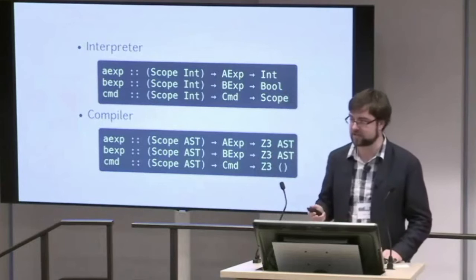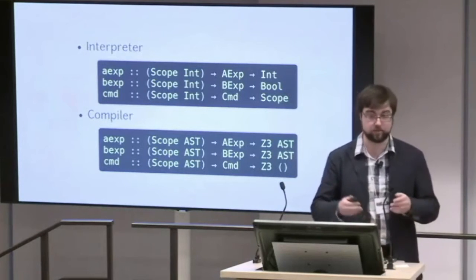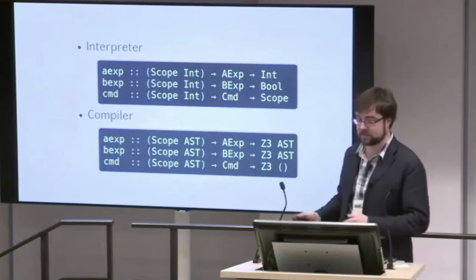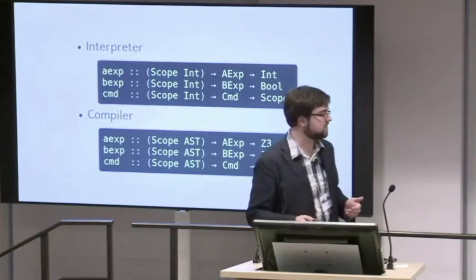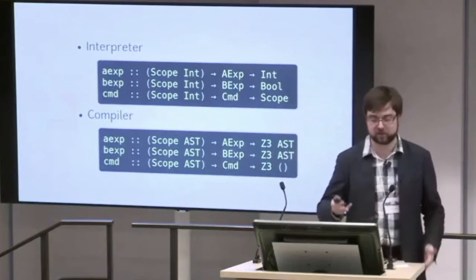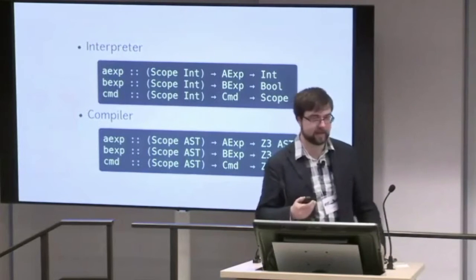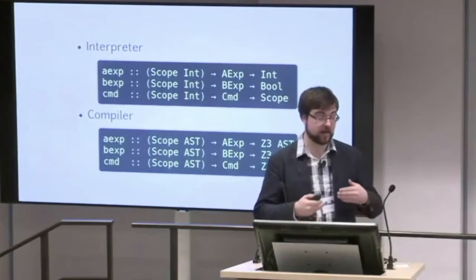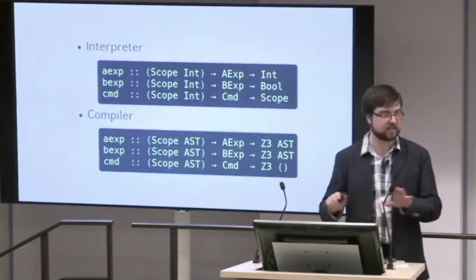And in both cases, just like we had three separate types, arithmetic expressions, Boolean expressions, and commands, we have three functions. And in both cases, we're going to keep track of all of our variables in some sort of map, a scope. Similarly, in the interpreter, the arithmetic expressions and the Boolean expressions can read variables, but they can't edit them.